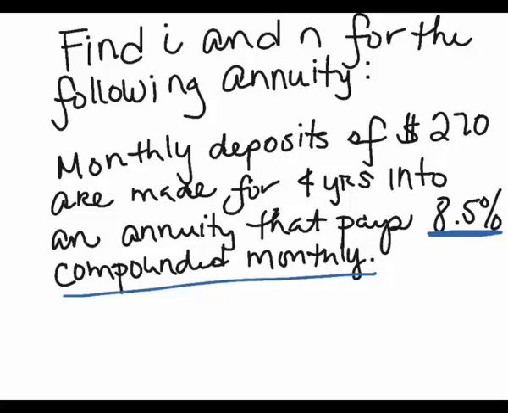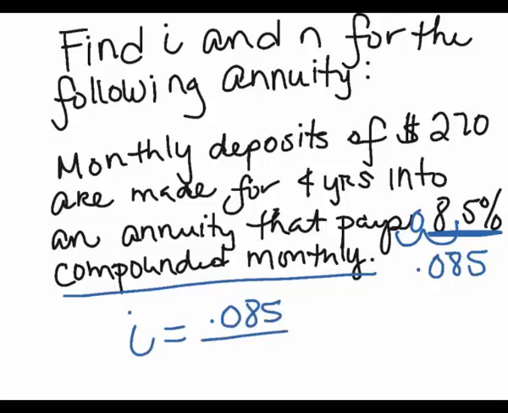You have to change it into a decimal. So I'm going to move it over twice, so it's going to be 0.085 for my R. I would equal 0.085 divided by 12, since it's being compounded monthly. So I is 0.0071 if rounded to 4 decimal places. Easy peasy.